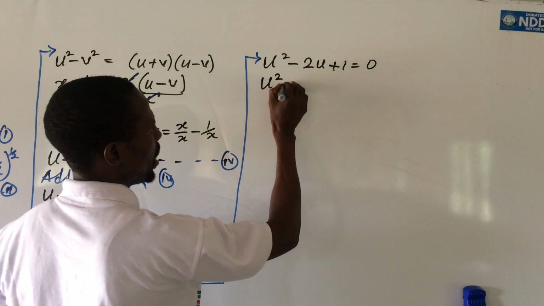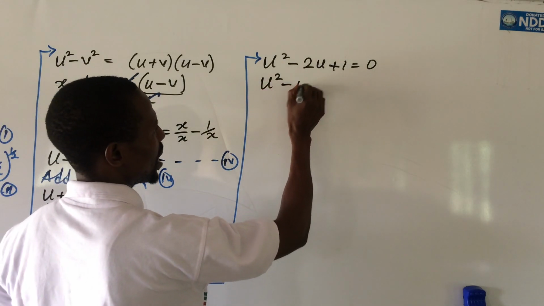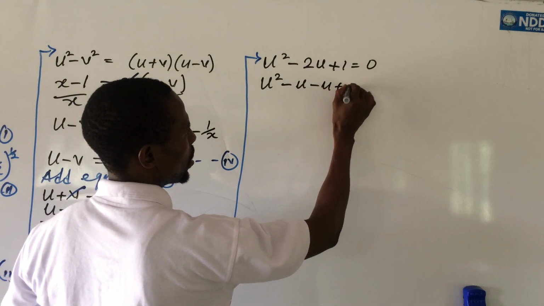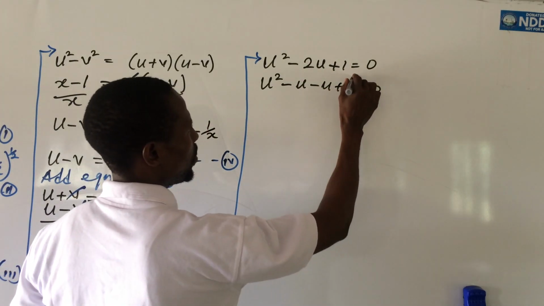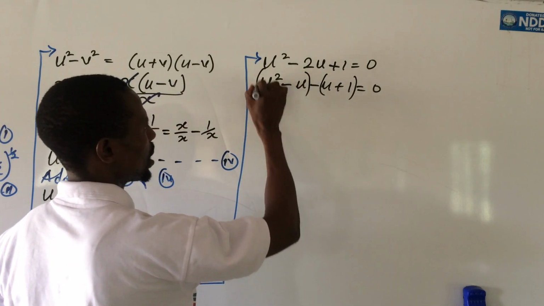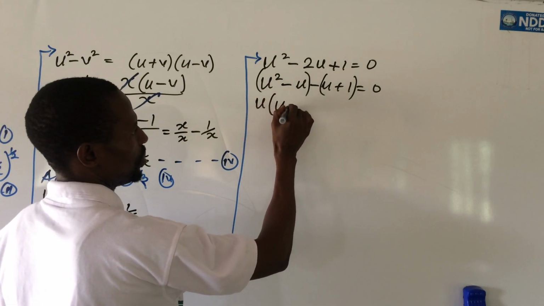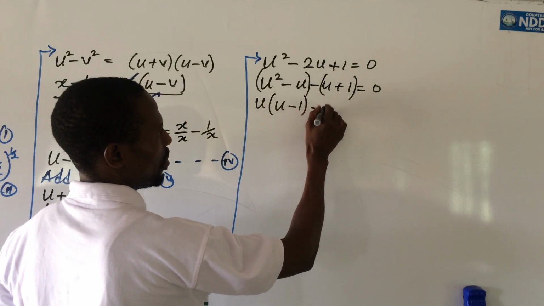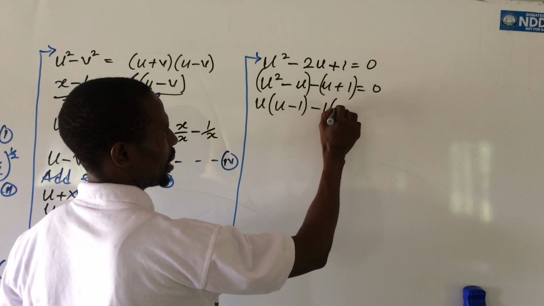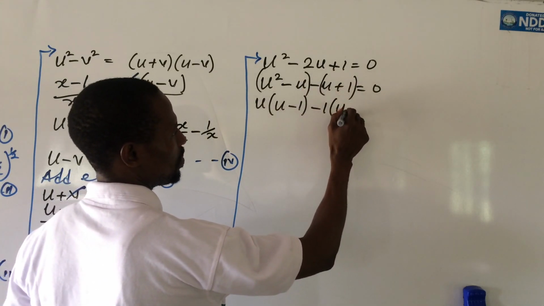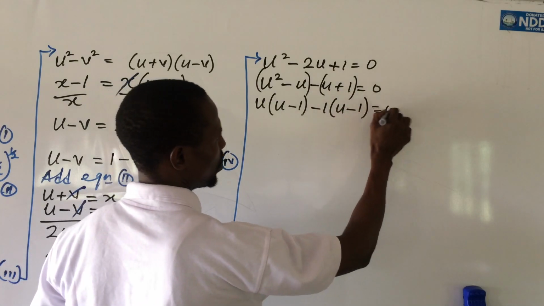We have u squared minus u minus u plus 1 equal to 0. We put this and this in bracket, and this and this in bracket. What is common is u bracket u minus 1 close bracket, and what is common here is 1 bracket, minus times plus will give us minus 1 equal to 0.